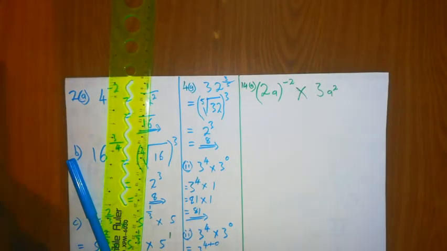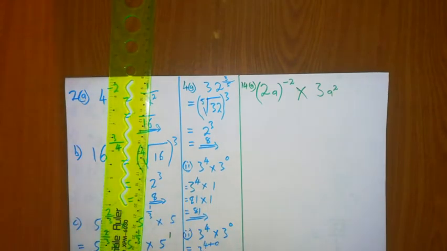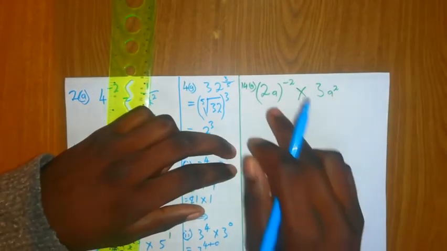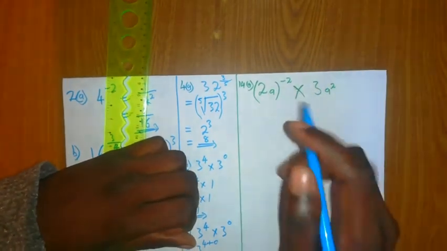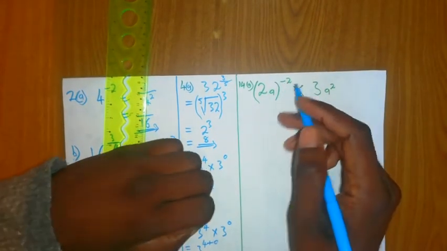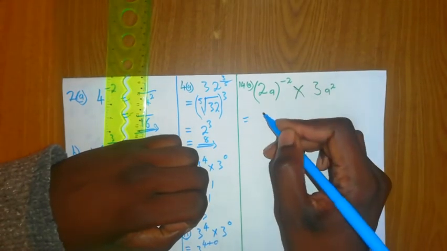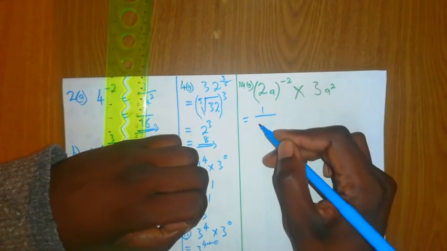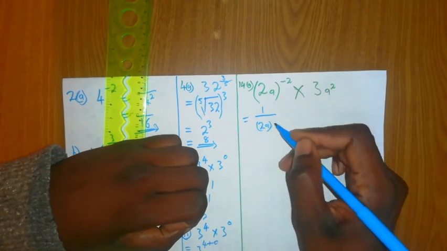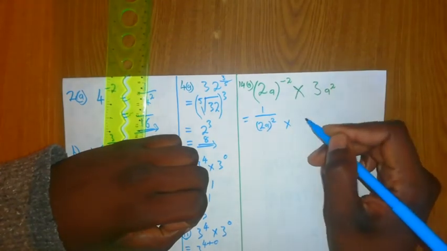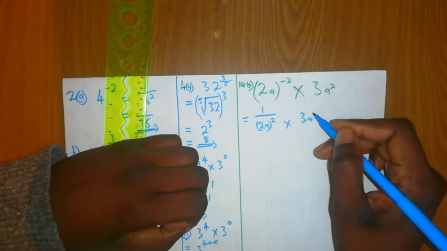Now that there is a bracket, there is this concept that you're supposed to know. The bracket means that everything that is inside is going to be affected, but there is that negative sign. So I'm going to first apply the concept of a negative sign, that's equal to 1 over 2a in brackets to the power 2 times 3a squared.